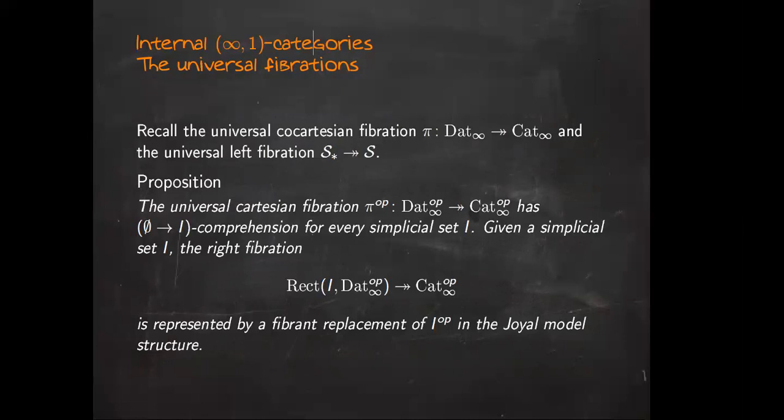So for every simplicial set I, the map from the empty set to I is comprehended by the universal fibration, and the corresponding right fibration that we have to consider is represented by I op. It's the obvious candidate in this case.